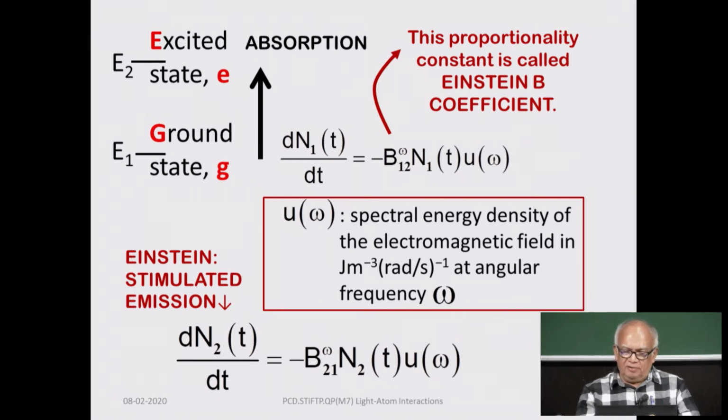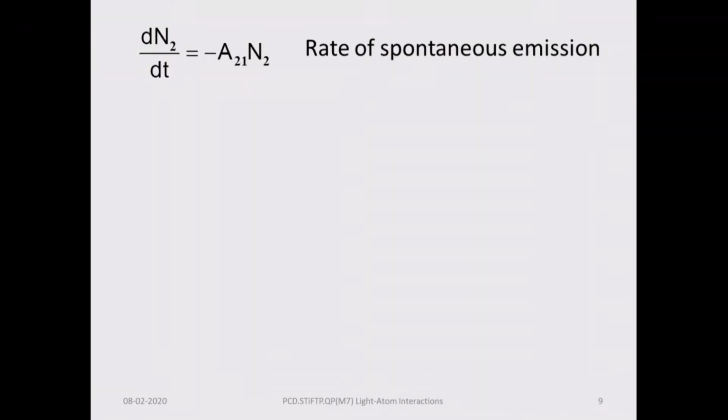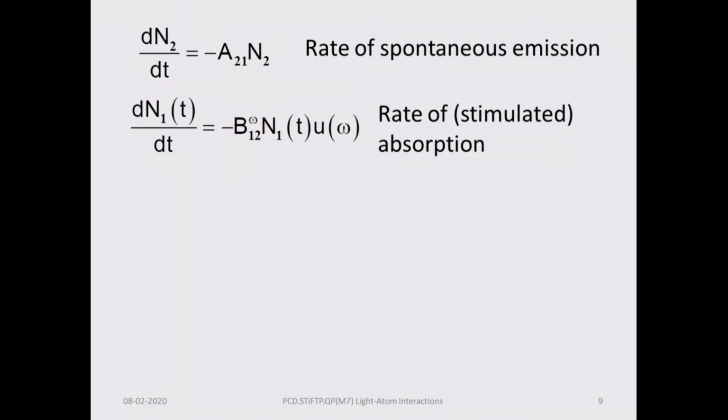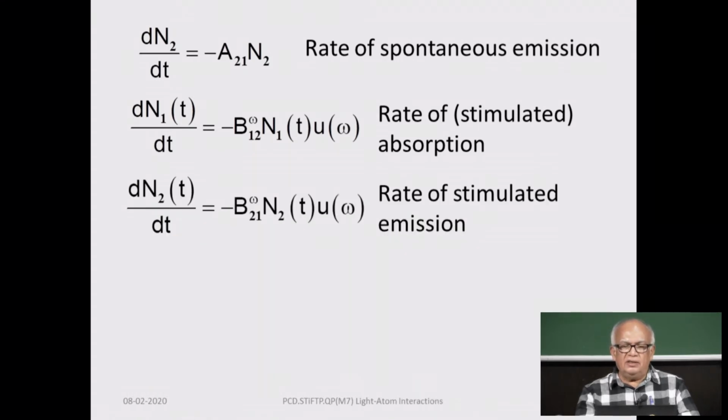So, this is the rate equation that you get, and now you have these three rate equations, one for the spontaneous emission, another for the stimulated absorption. Absorption is always only stimulated, okay, there can be no spontaneous absorption, and the third is the rate of stimulated emission.